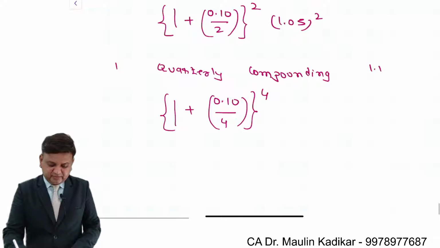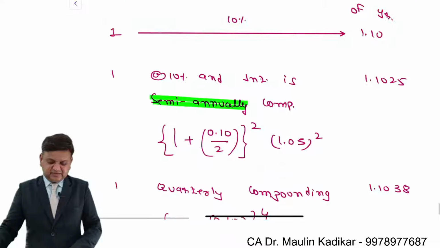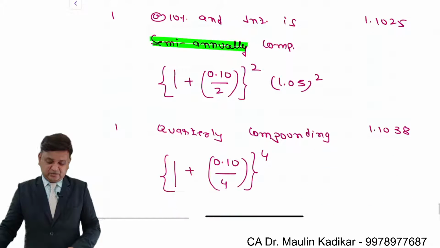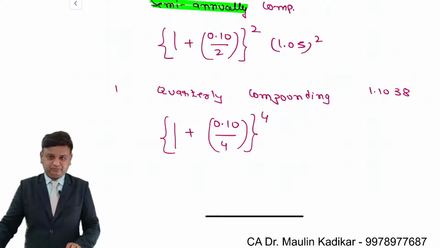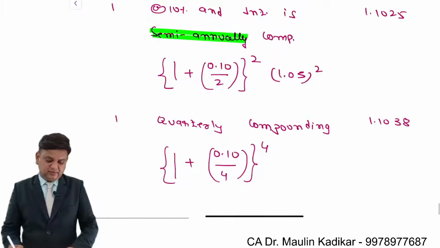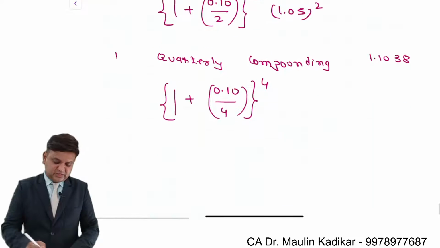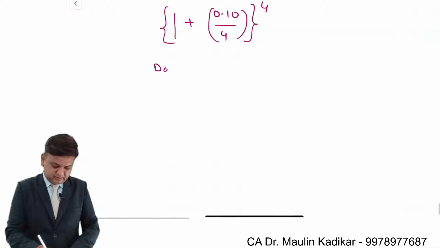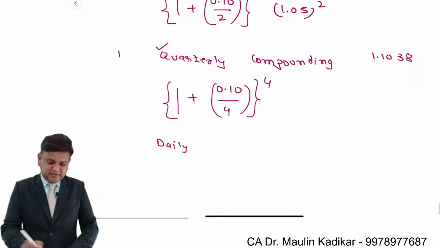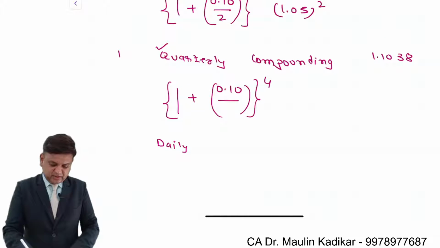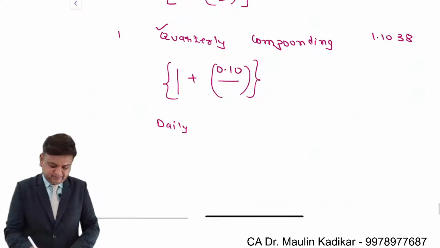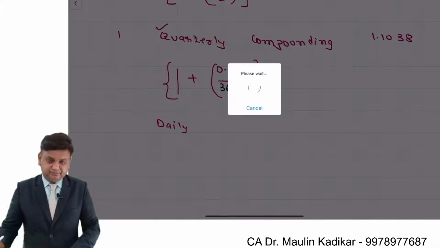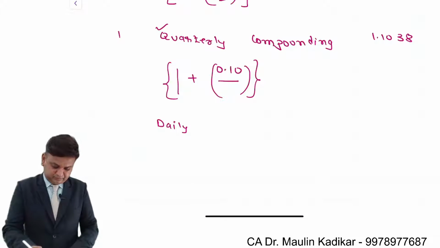So it will be 1.1038. Now suppose instead of quarterly compounding, the interest is daily compounding. Then in that case over here it will be 365. That is the way we will have the calculation.